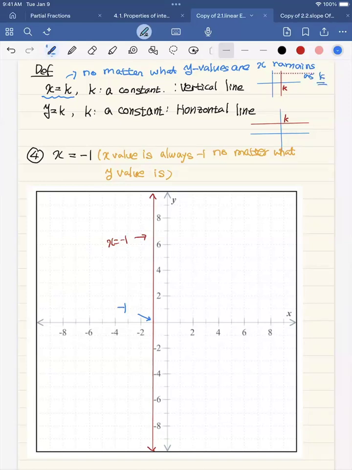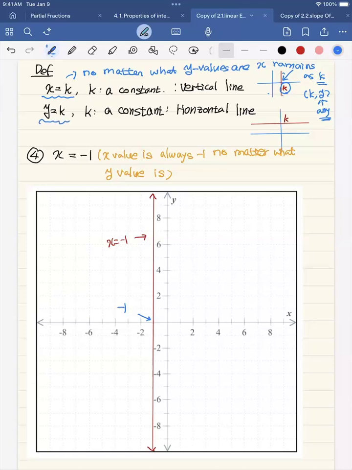So it is just like x is always k, and y can be any number. So it essentially says the line passes x and is parallel to the y-axis.